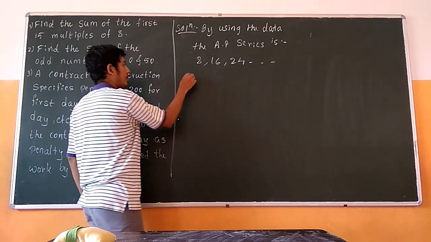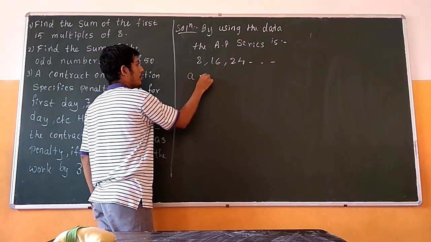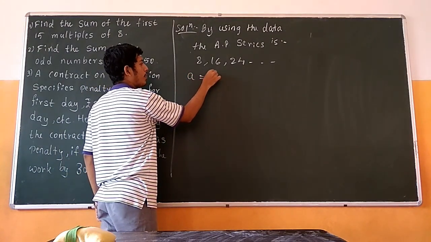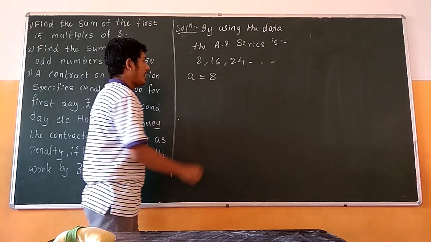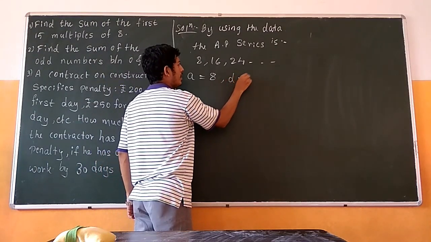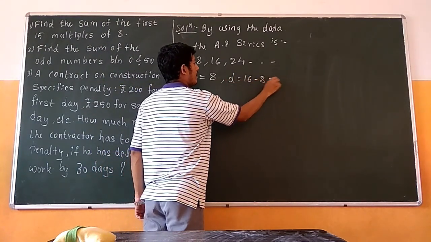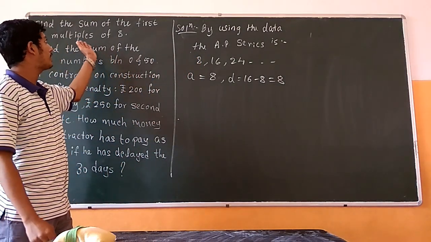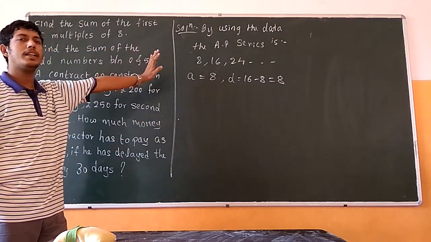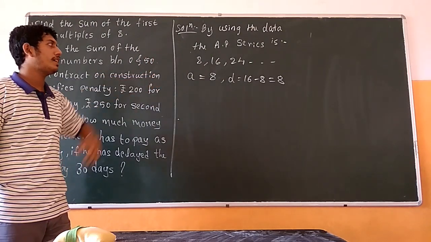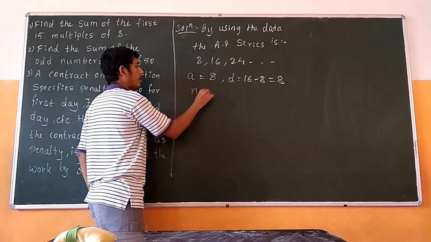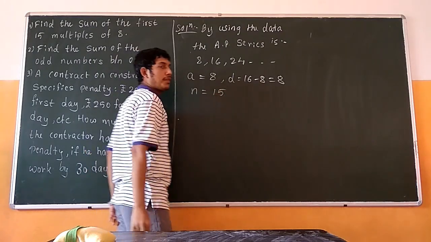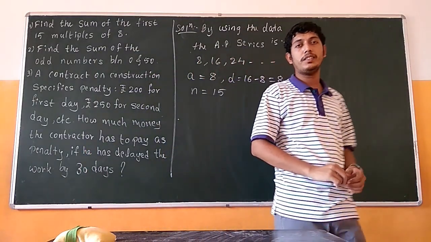Now by using this we get the value of a as 8, and the value of d is 16 minus 8, which becomes 8, because it is multiples of 8. So d remains constant, that is 8, and the total number of terms is 15. The value of n is given.